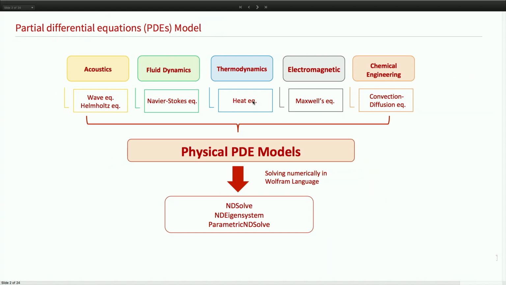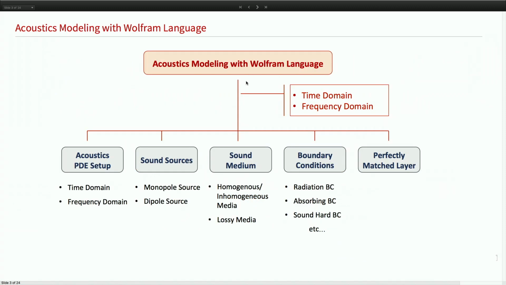As a starting point, we are now developing a tutorial in acoustics to show users how to build acoustics models in the Wolfram language in Mathematica. In the following sections, I will show you how to build acoustics models in the Wolfram language for both time domain and frequency domain analysis.